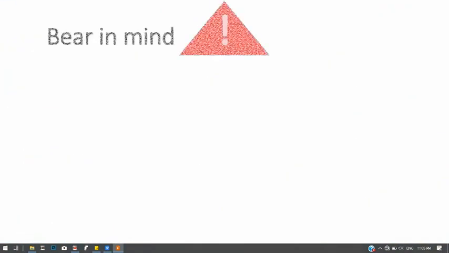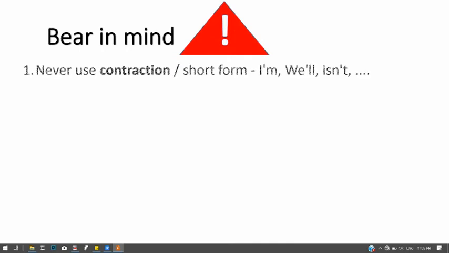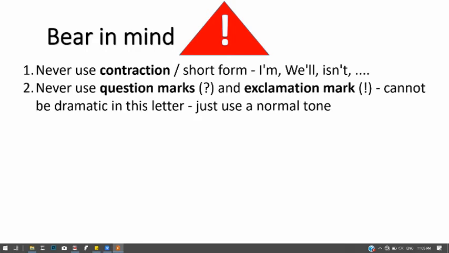Okay, next we have bear in mind, never use. This is the language. When you are writing the letter, bear in mind, never use contractions, that is, short forms like I'm, won't, isn't. Never use question marks or exclamation marks. Cannot be dramatic in this letter.